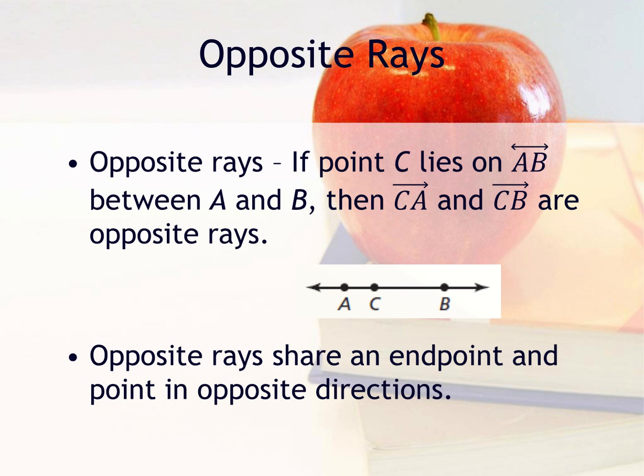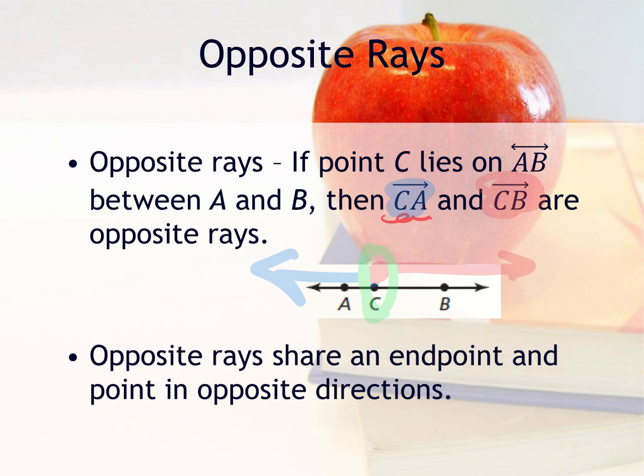Opposite rays are going to share an endpoint, but they're going to point in opposite directions. So for example, on this line AB, I can state that ray CA here, which starts at C and goes in the direction of A, is that ray, and then ray CB starts at C and goes in the direction of B. So they both start here at C, but they point one to the left, one to the right.